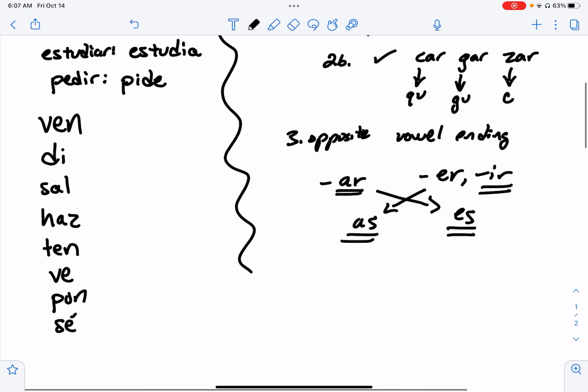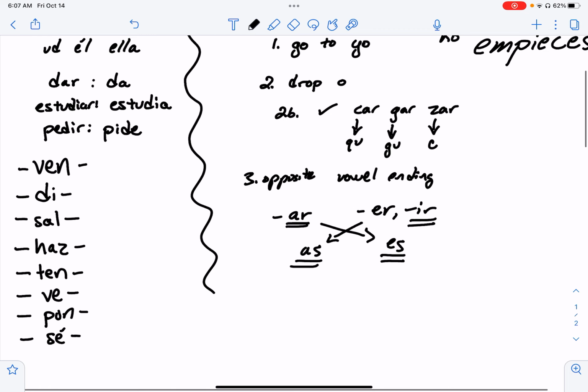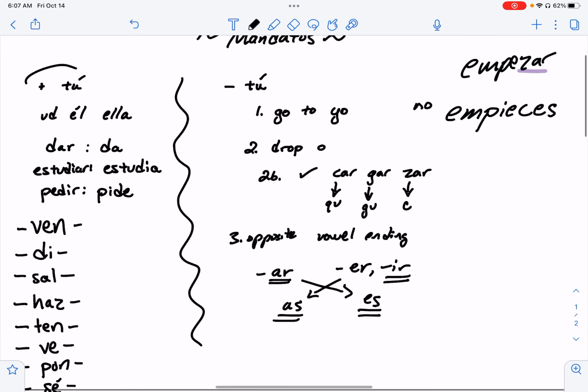So this is for the verbs venir, decir, salir, hacer, tener, ir, poner, y ser. So this would be come, say, leave, do or make, have, go, put, and be. So those are the irregulars when it's an affirmative tú command.